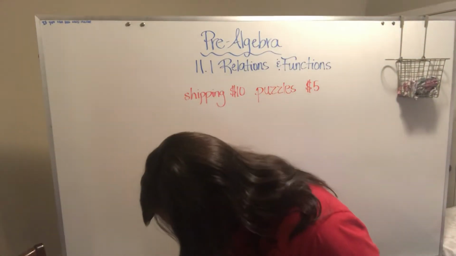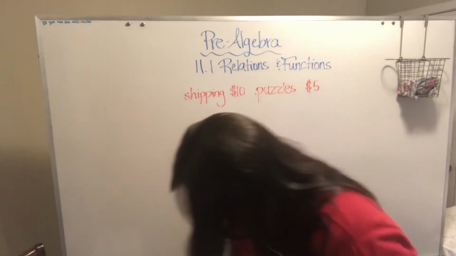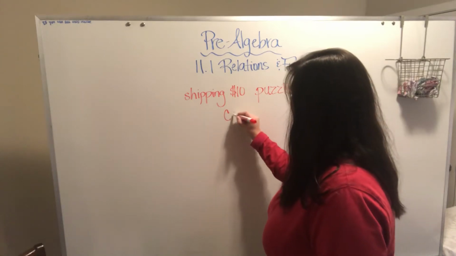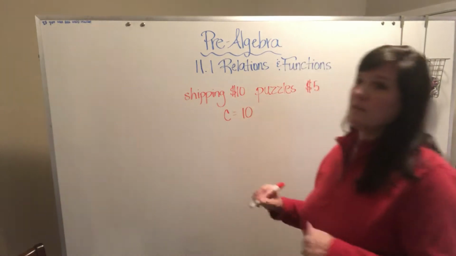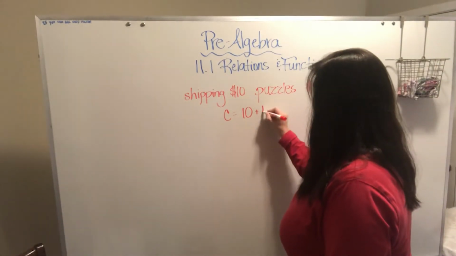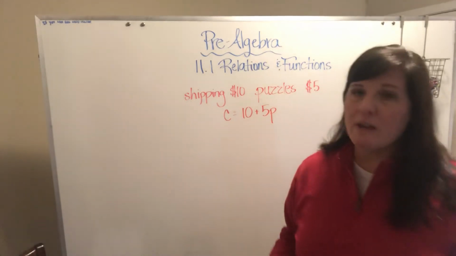Okay, so if I'm going to figure out the cost for however many puzzles I'm going to buy, the cost would equal $10. Okay, I think we can all agree on that. Plus 5, let's go with P, however many puzzles I buy.